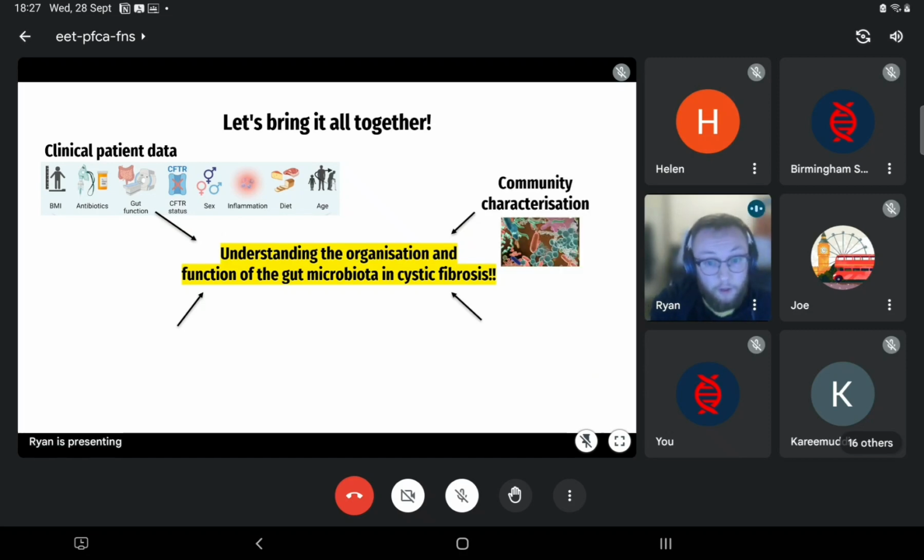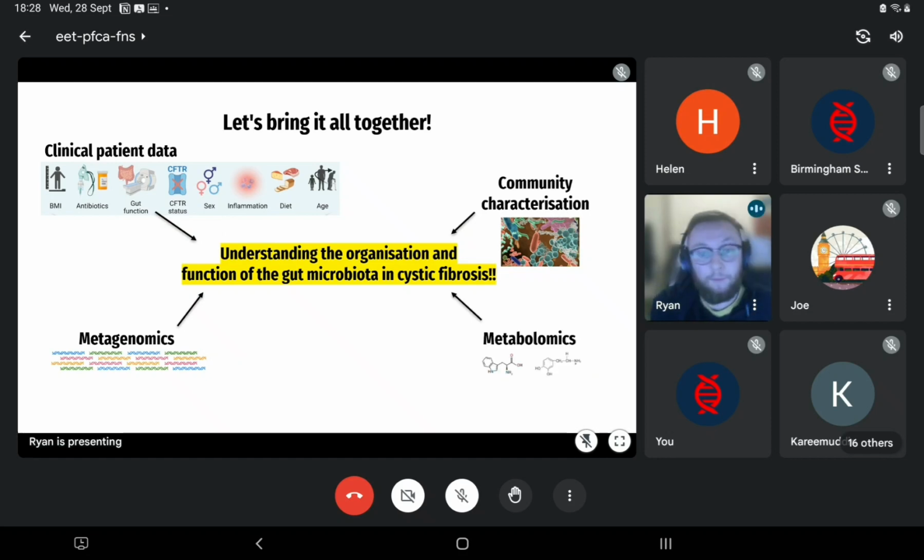We can combine it with the community characterization, the ribosomal sequencing I mentioned earlier. We can then throw in the metagenomics to see what they could be doing, the predicted functional capacity. And then the metabolomics: what are they actually making? If we combine that all together, that gives us a nice comprehensive view of what's going on in cystic fibrosis in the gut microbiota.